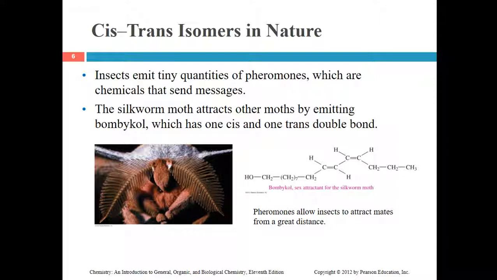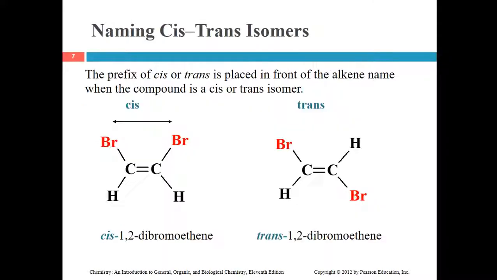The silkworm moth attracts other moths by emitting bombykol, which has one cis and one trans double bond. Pheromones allow insects to attract mates from a great distance. Pheromones do lots of other things, and they allow the bees to emit signals to alarm. So all sorts of different isomers and what they do in nature.